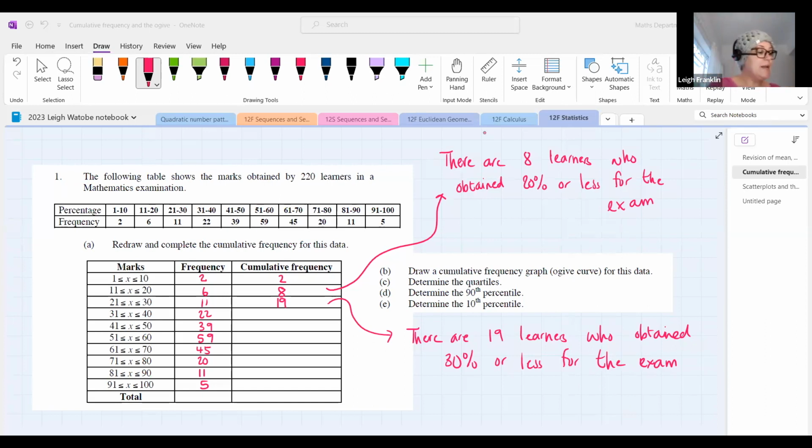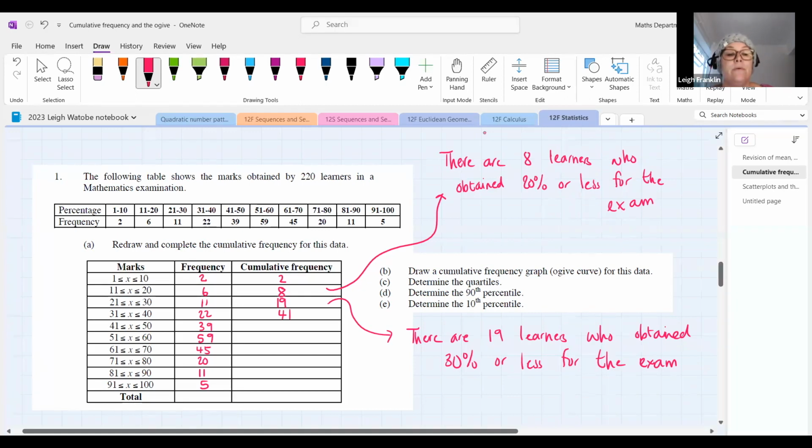So to get our next cumulative frequency, we need to add 19 to 22. Here we end up with 41. Then to that we add 39, so here we get 80.